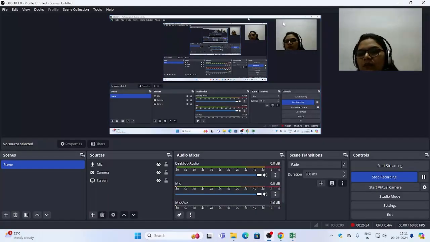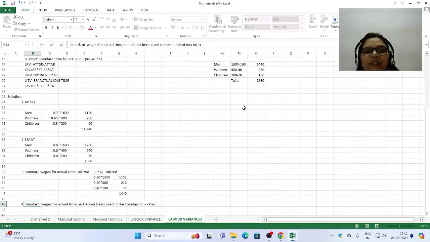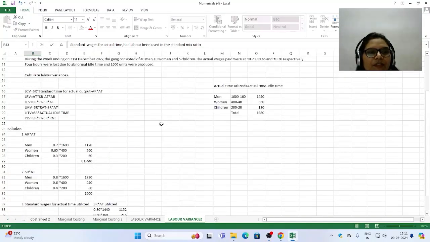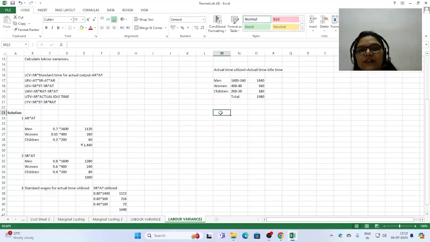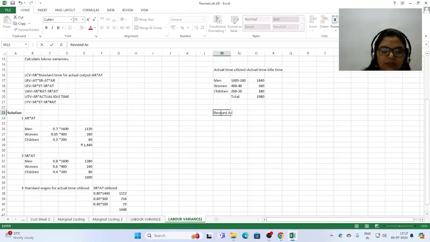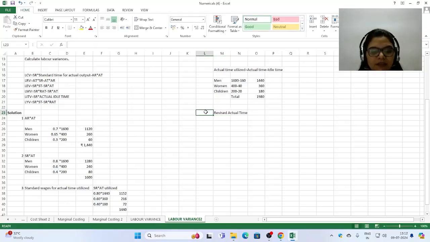Now, what we have done in this particular question, labor mix variance is equal to standard rate into revised actual time. RAT stands for revised actual time. In this formula, as you can see, RAT stands for revised actual time.